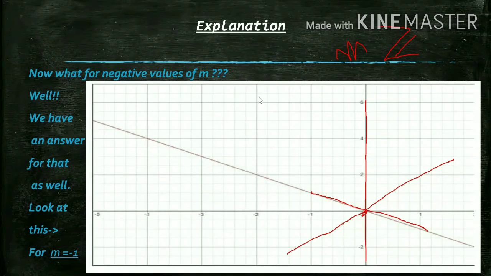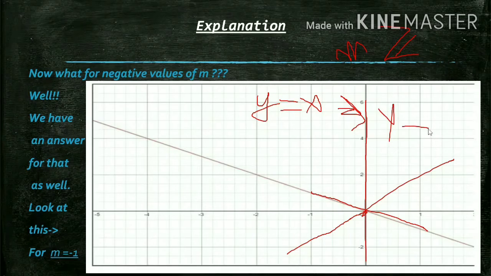And that is exactly the thing: y equal to x is nothing but the mirror image of y equal to minus x. Or conversely, you can also say that y equal to minus x is the mirror image of y equal to x. This is the beauty of math.